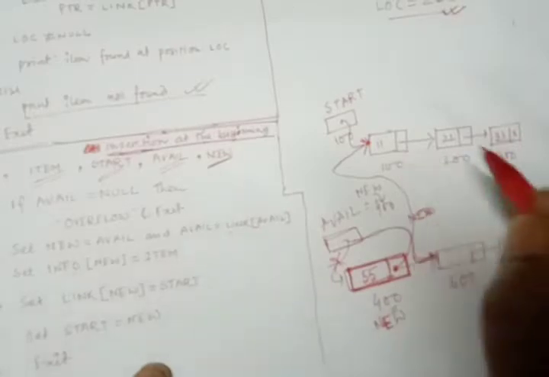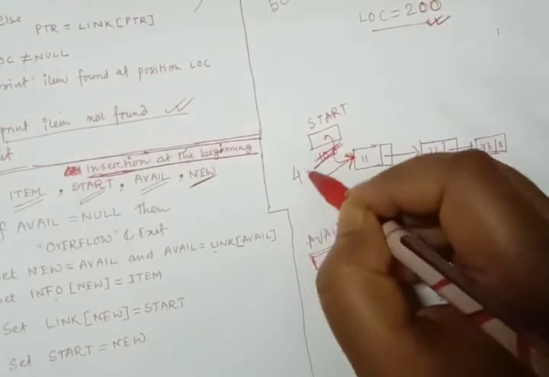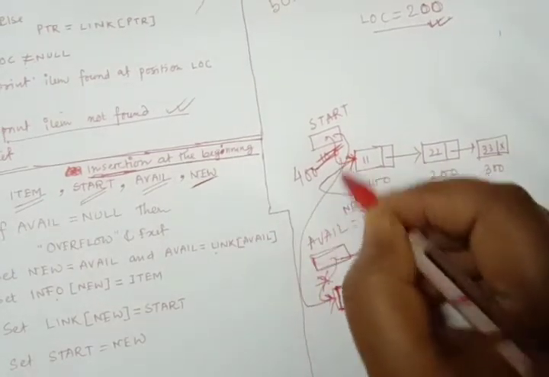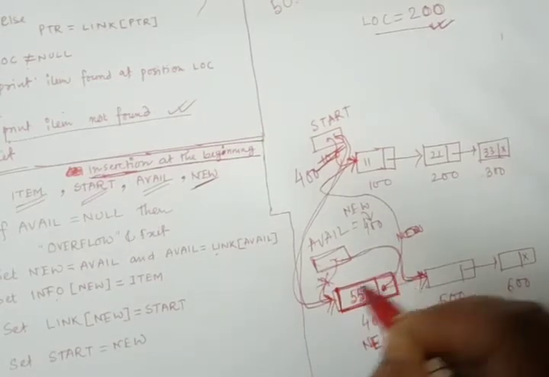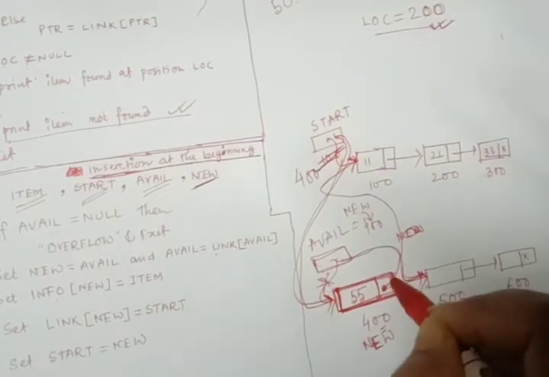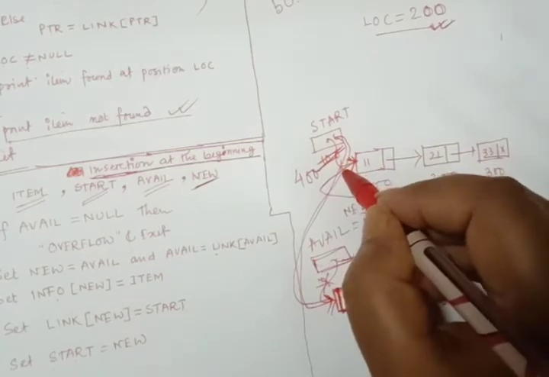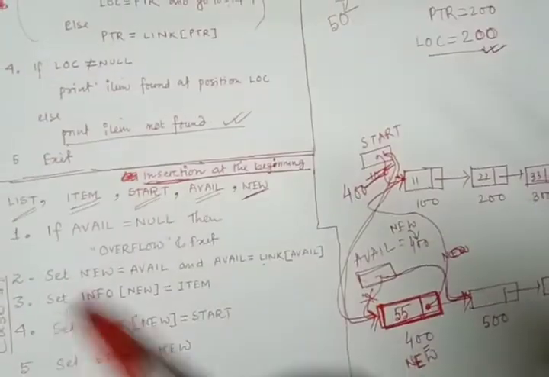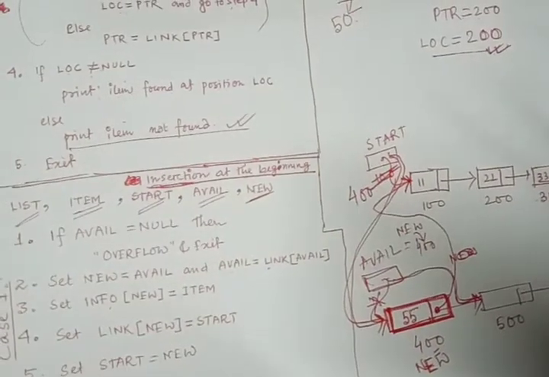Now the value of start will be 400, so it will point here. Okay, so this is how this node will come out from the avail list and be put at the beginning of the used list. So this is case 1, insertion at the beginning of the list.